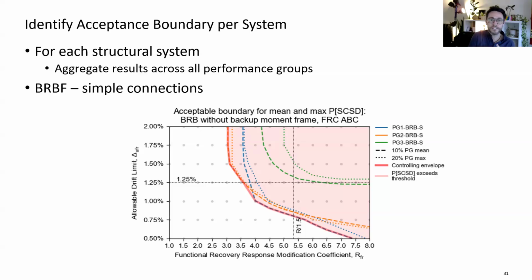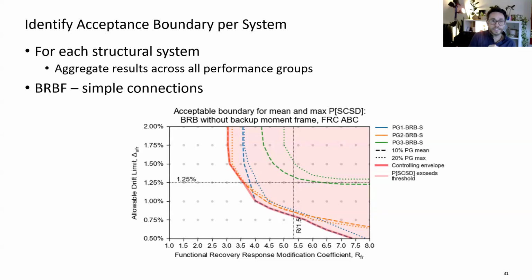So you can see in the legend to the right of the figure the different performance groups that are part of the BRBFs with simple connections. So this is quite useful. You can identify whether you're looking at the maximum criteria or a specific performance group just by identifying the color of the line and then the line type.